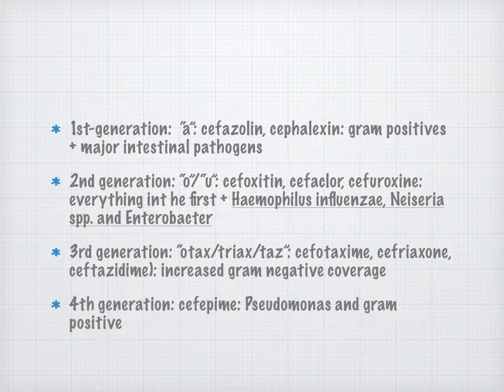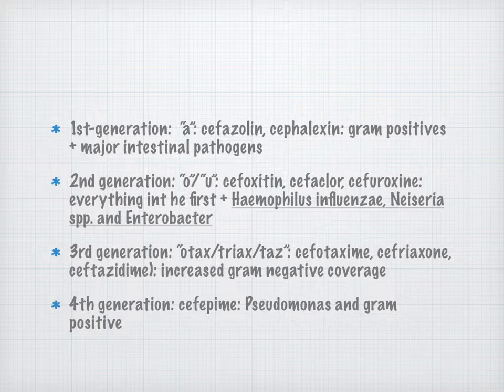Cefoxitin, cefaclor, and cefuroxime. Everything in the first generation coverage is also in the second generation coverage, but in addition you have Haemophilus influenzae, Neisseria, and Enterobacter that are covered by second generation.